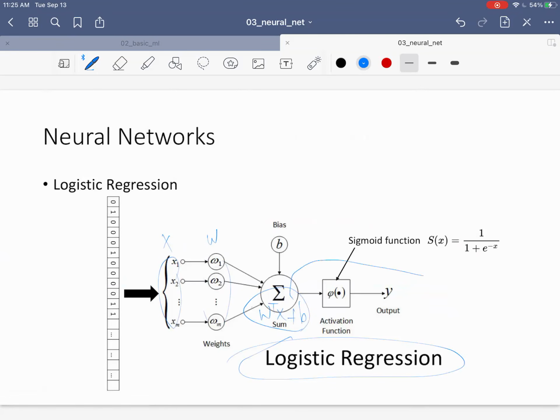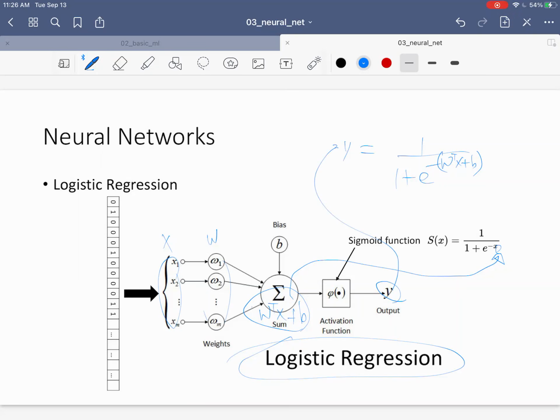Then this becomes 1 over 1 plus e to the minus (w transpose x plus b), which is exactly the logistic regression, y equals this. So if you think about it, logistic regression is just a single artificial neuron where the activation function is the sigmoid function. So you can see the connection between neurons and logistic regression.